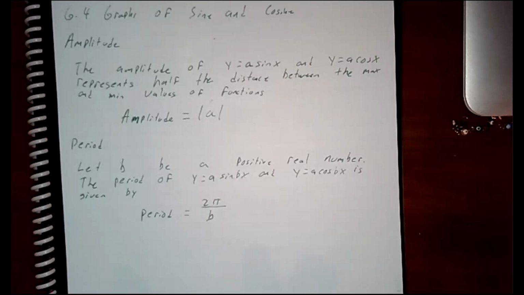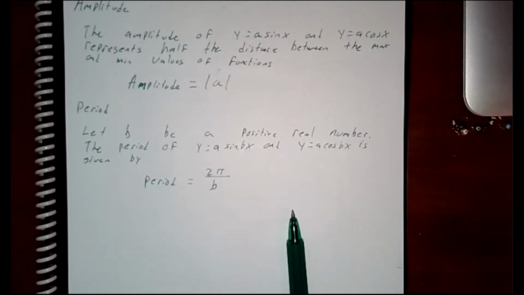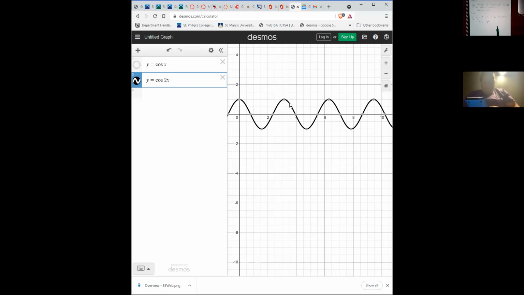So the original is going to go around the circle in one period of 2 pi. But if you change that number, the periods will change. So let me show you visually what that looks like. Okay, so I'm going to delete the sine there. So this is the original cosine. So if I were to change this into cosine of 2x, notice how the black one is 2 times faster now, right, than the purple one.